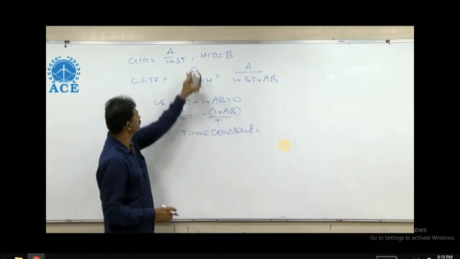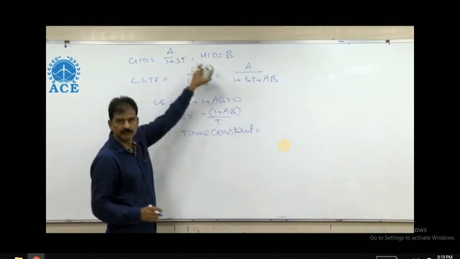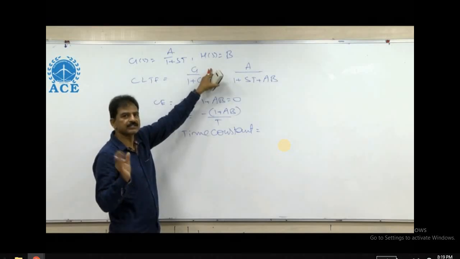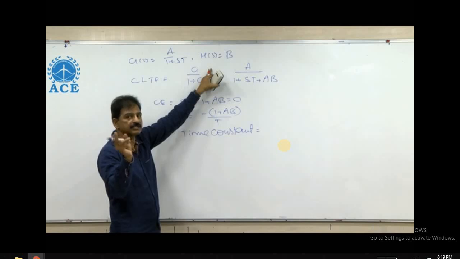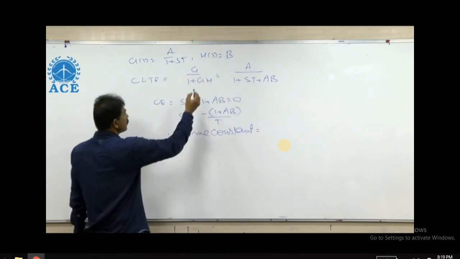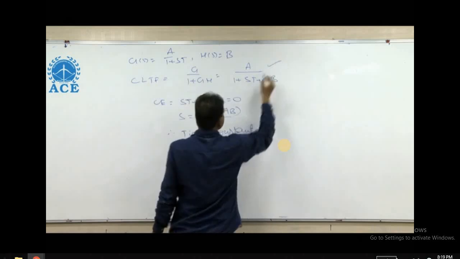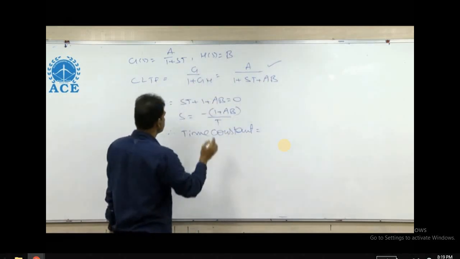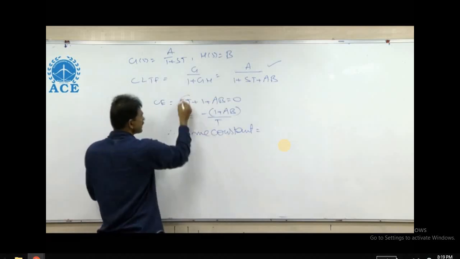Given here is the forward path transfer function, and the feedback path transfer function is given. The time constant of the system is asked. Do not forget, time constant is nothing but the reciprocal of the pole. The closed loop transfer function is G by 1 plus GH, if you substitute. The denominator equation is the characteristic equation.